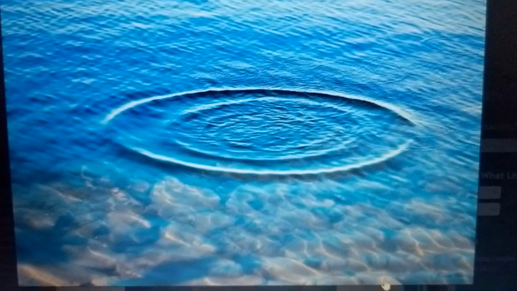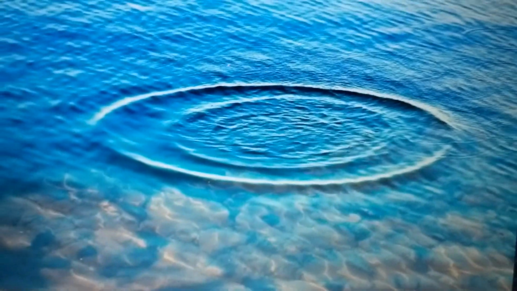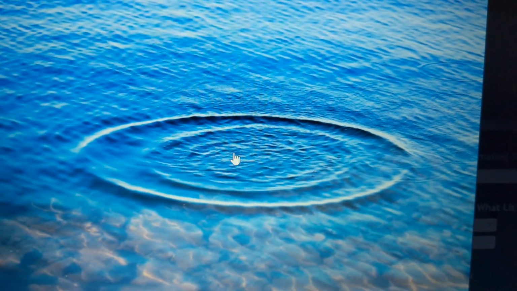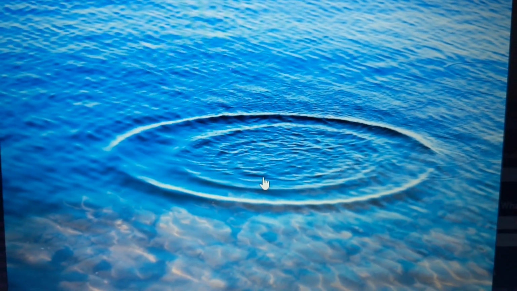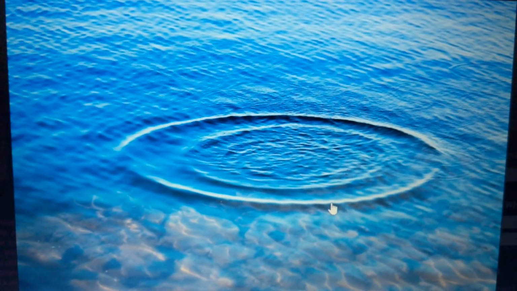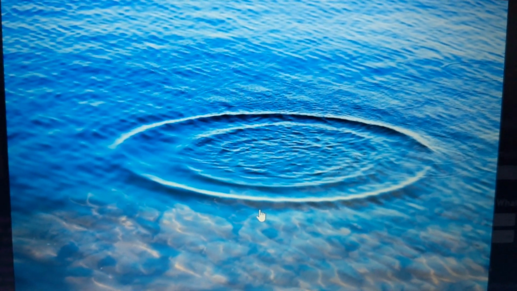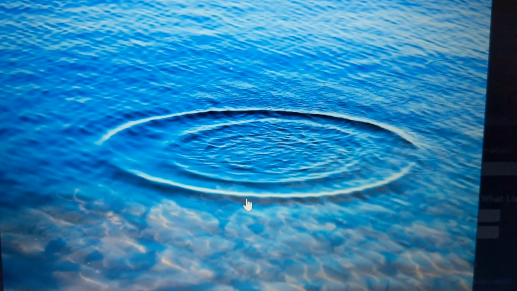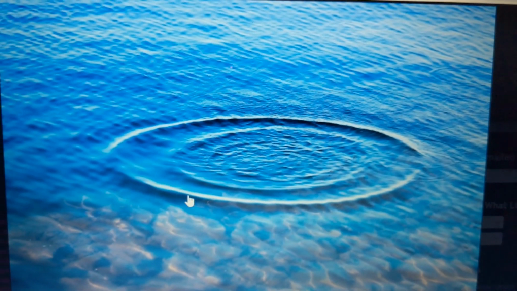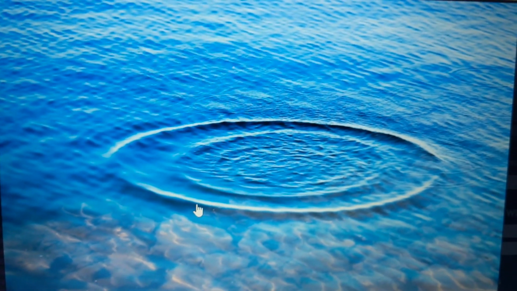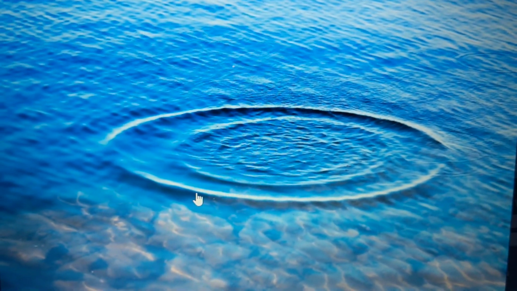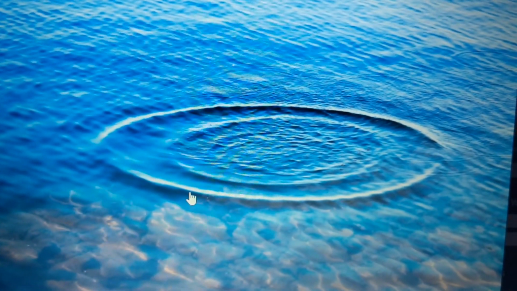So in order to reverse this wave, we would need an opposite energy. Instead of the peak of the wave happening at this point, we would have to have a trough, or a negative wave going into the water, not out, to cancel this wave. I'm going to show you what that looks like on paper.